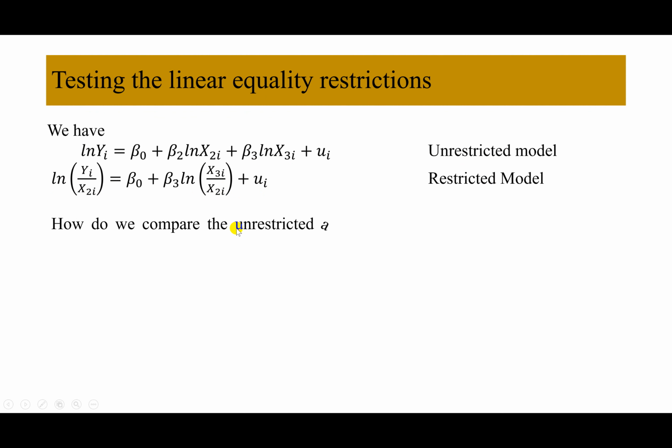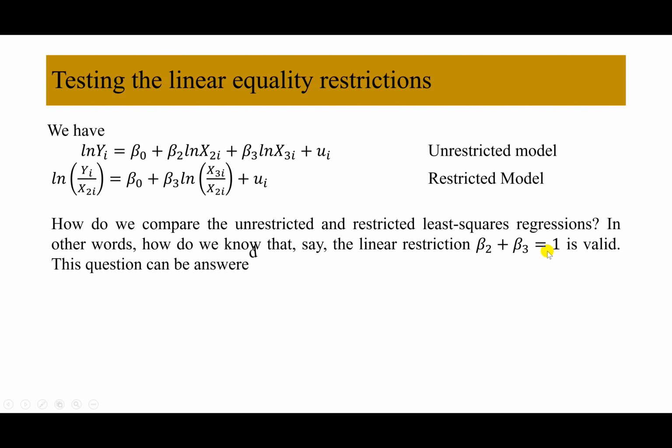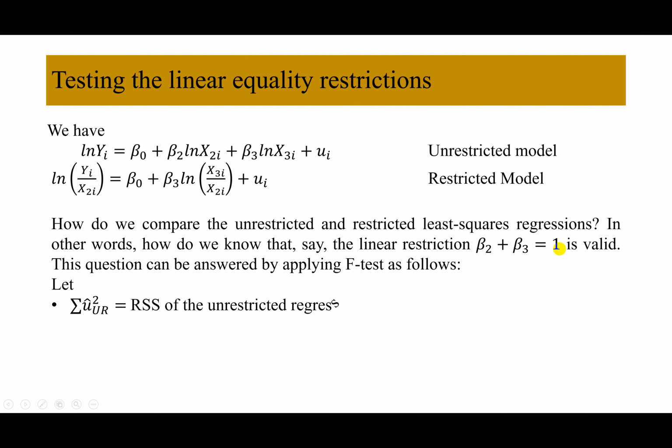So how do we compare the restricted and unrestricted least squares regressions? In other words, how do we know that, say, the linear restriction beta 2 plus beta 3 equal to 1 is valid? This question can be answered by applying the F-test as follows.